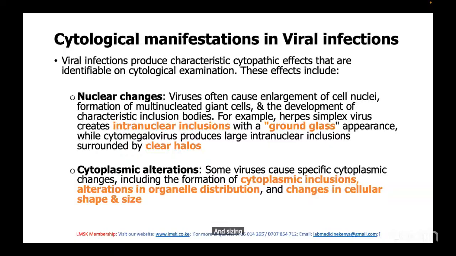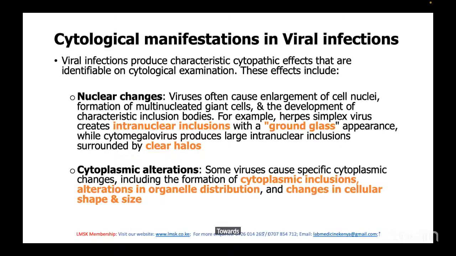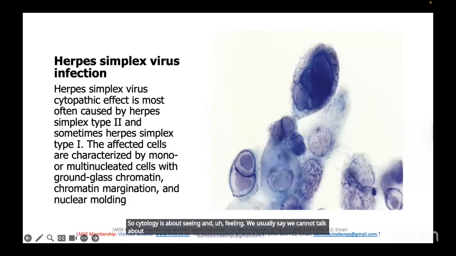Remember the slide that I showed you previously, which was a basic structure of a cell: if you see something amiss with the cytoplasm having those inclusions, they are giving you a clue towards a specific diagnosis, and in this case, a viral infection. So cytology is about seeing and feeling. We usually say we cannot talk about cytomorphology if we are not seeing.